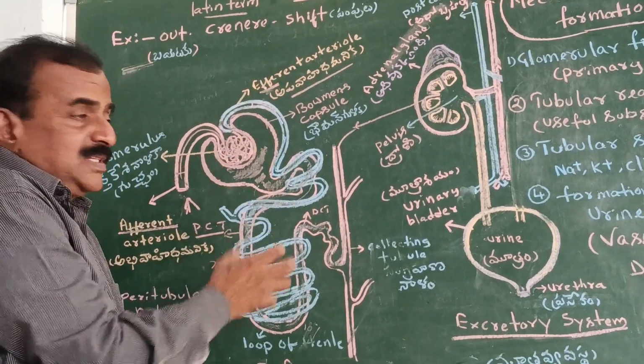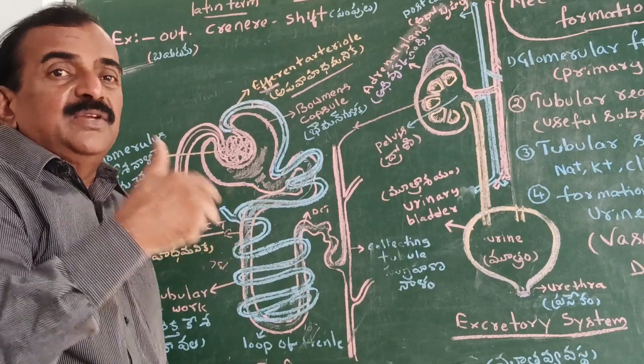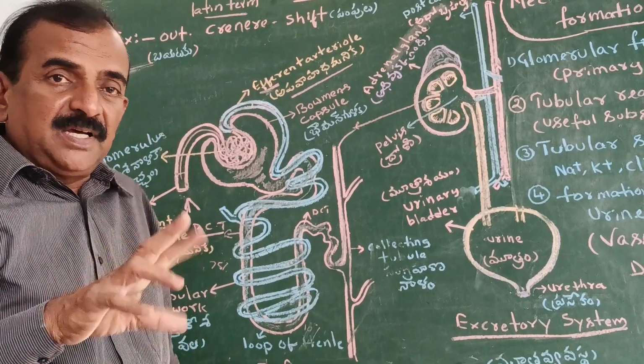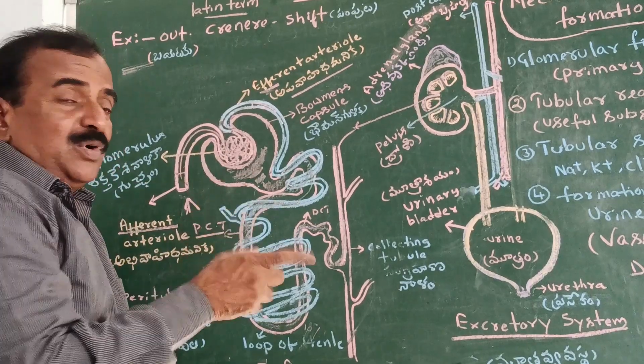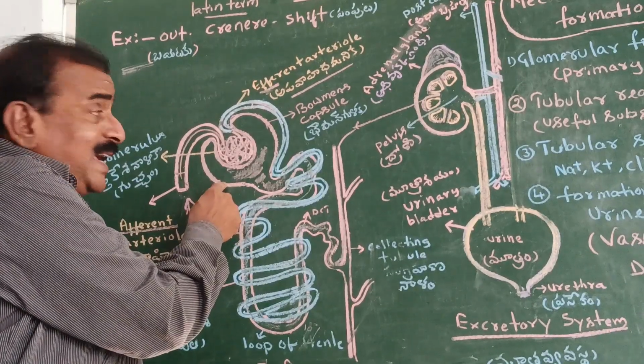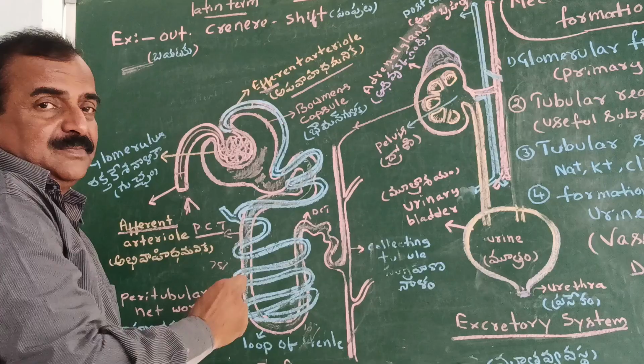Already we discussed that a nephron consists of mainly two parts. Number one, the Malpighian body. The Malpighian body consists of Bowman's capsule and glomerulus.